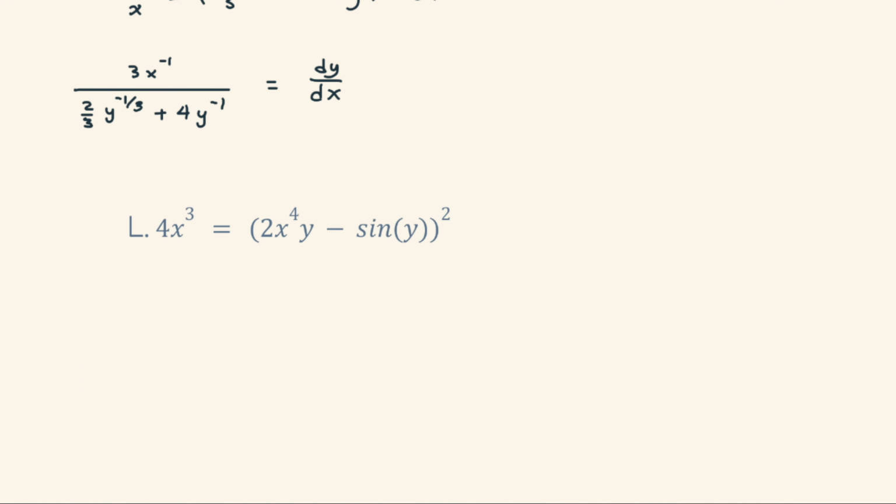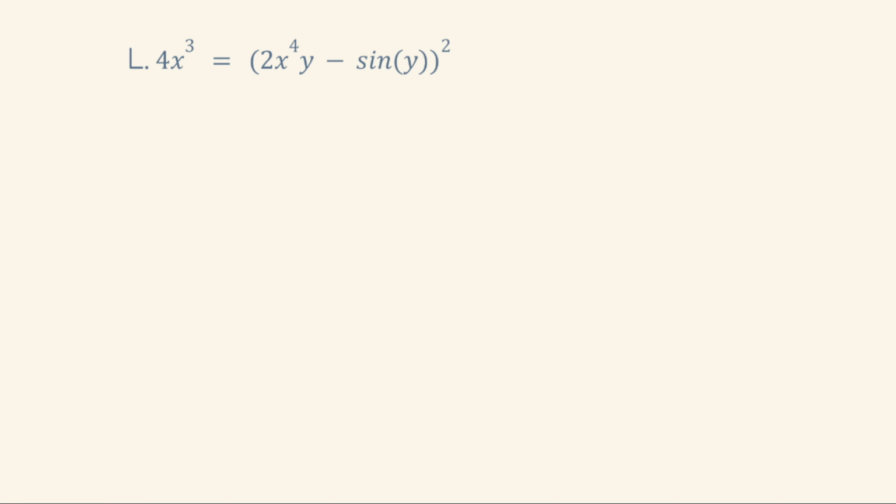Let's get question L then. All right. So here we've got a kind of chain rule here, and then inside that chain rule we've got a product rule, right? So let's do this left side first. That's going to be just 12x squared, simple, nice, okay?